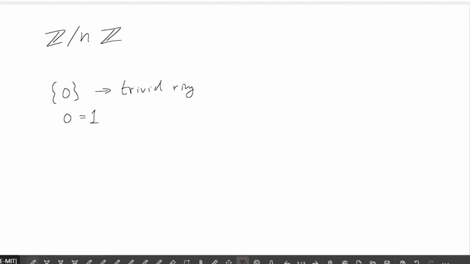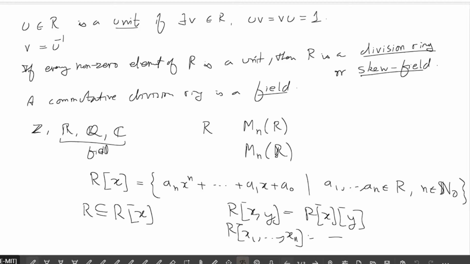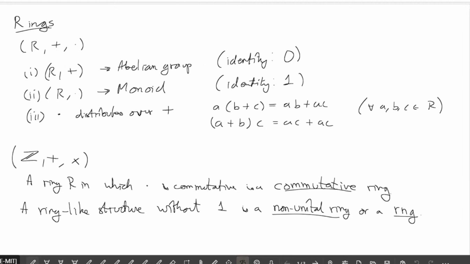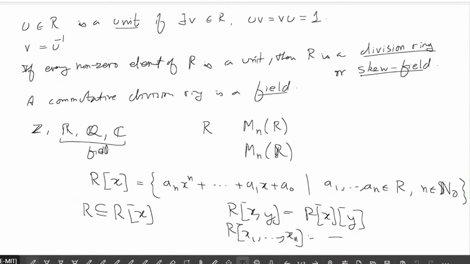Whereas when you define a field, I should be careful. It's a commutative ring, in fact a division ring, and you have to be careful that 1 is not equal to 0.